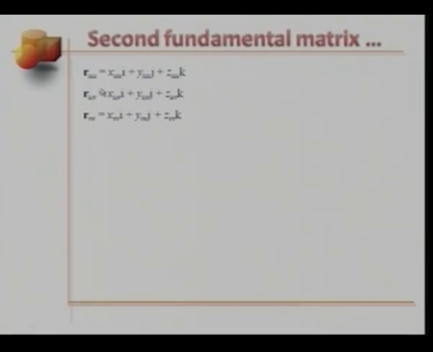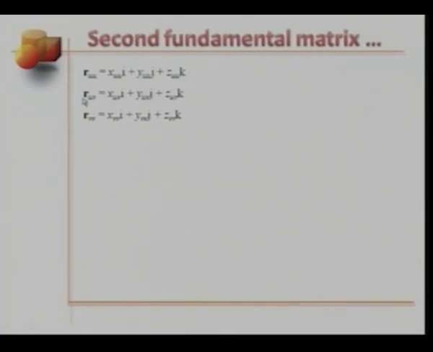This is straightforward. The second partial derivative of R with respect to u is x uu times i plus y uu times j plus z uu times k. i, j, k are unit vectors along the x, y, and z Cartesian coordinates.